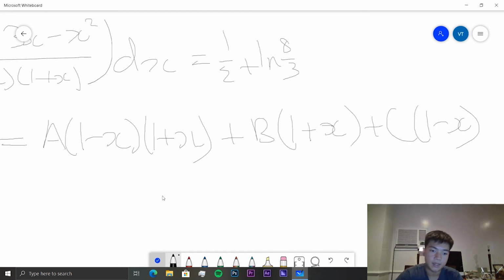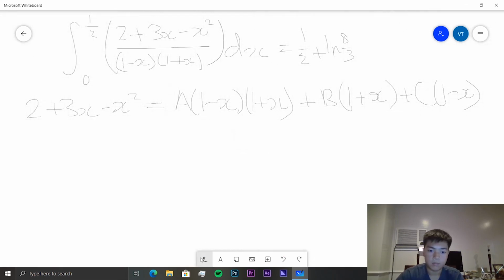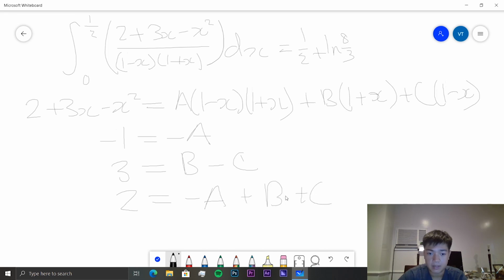So we get a triple equation. So we have −1 is equal to −a. 3 is equal to b − c, and 2 is equal to −a + b + c.